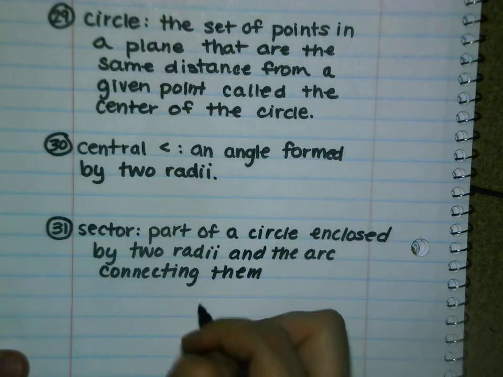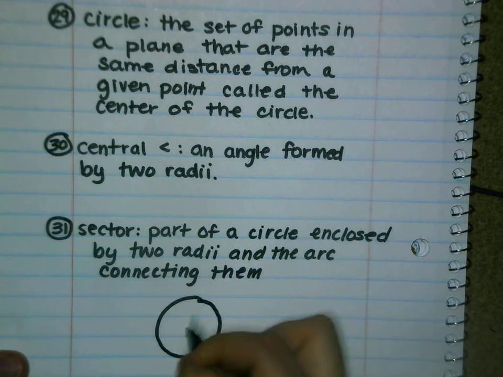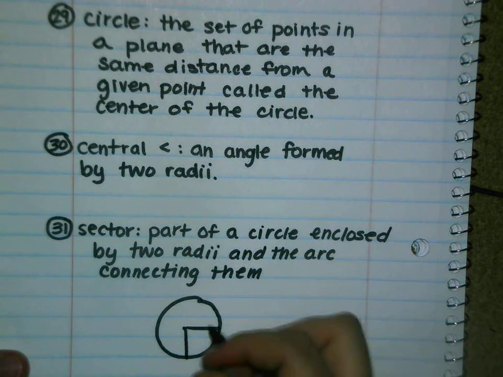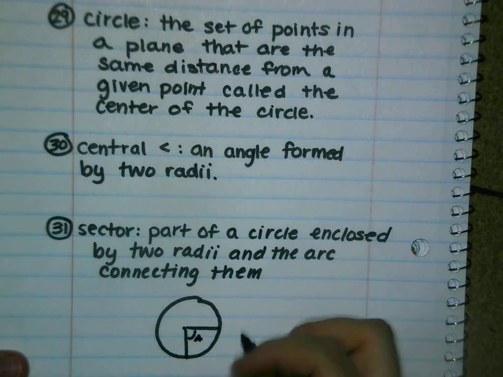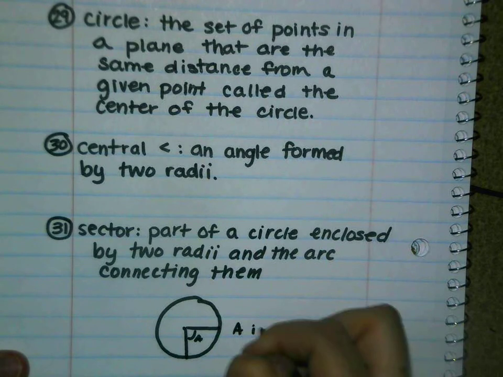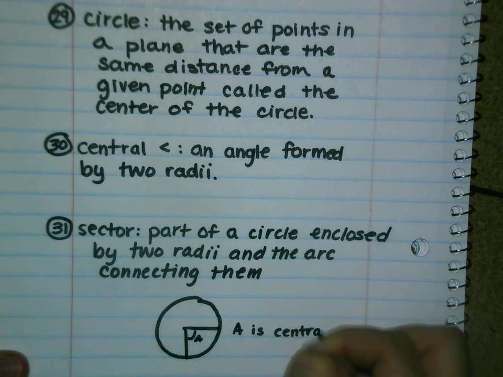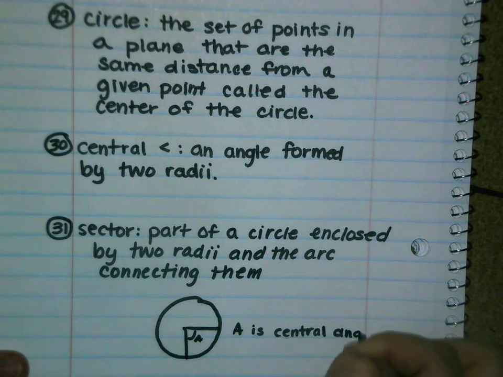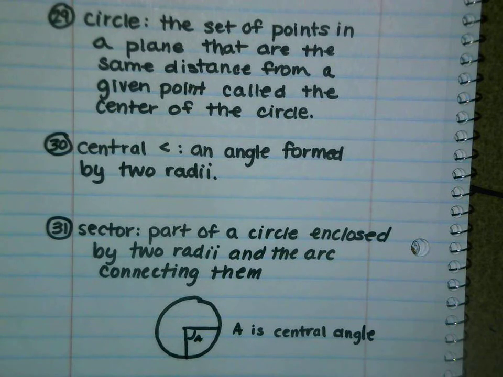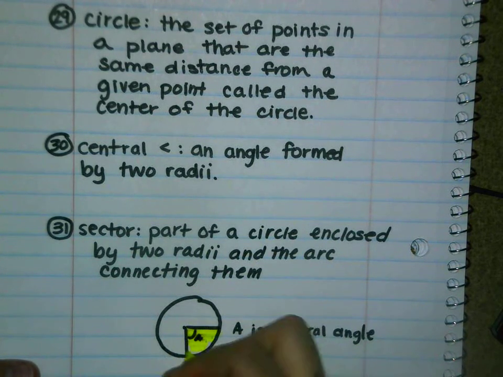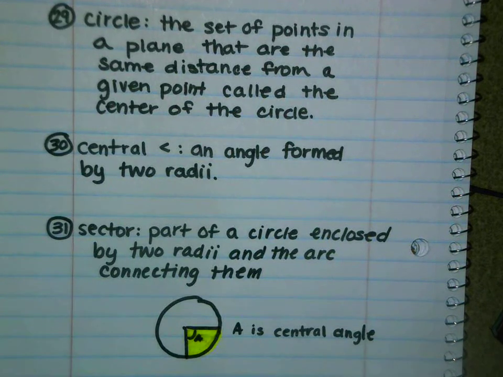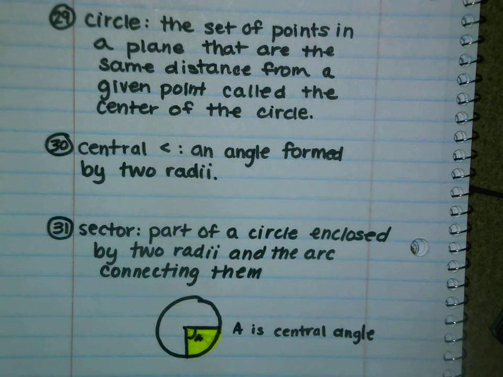If I'm just going to draw a freehand circle here, doing my best, if this is the center of the circle and these are radii, this angle A is the central angle. And then I'm going to shade in the part that is the sector. It's basically a piece of the pie. So this part here would be called the sector. It's between the 2 radii enclosed by the arc.